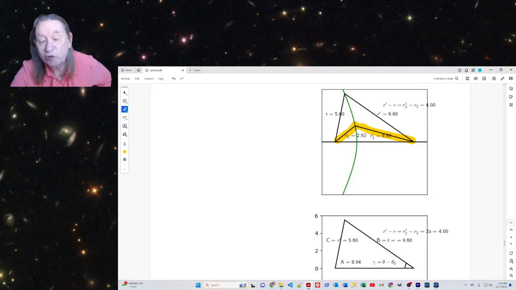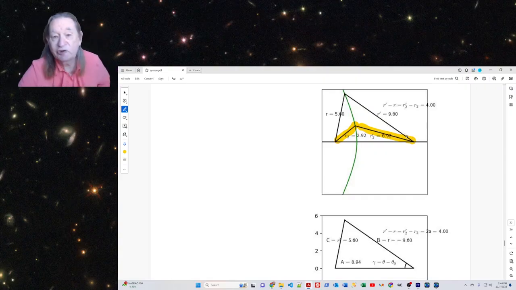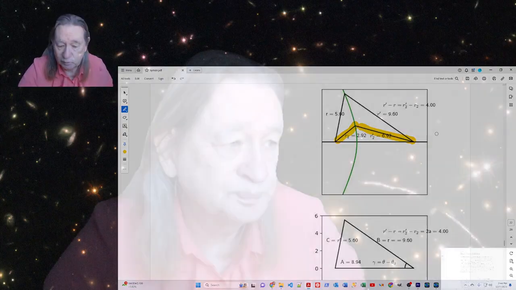So the difference between the distances of the particle to the 2 foci is constant. And I'll explain what that means when I do the math in a little while.